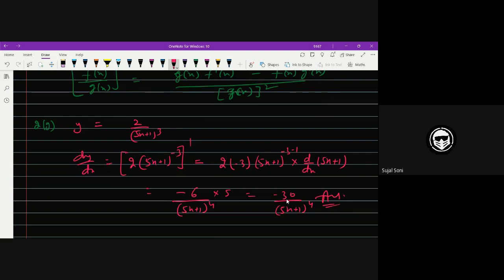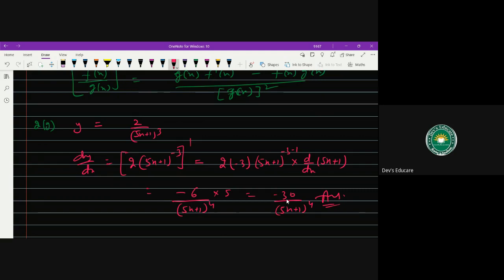The answer is the same. Yeah, but you did not understand the derivative of 5x plus 1. The derivative of 5x plus 1 is 5. The derivative of 5x is 5 into 1, and the derivative of 1 is 0.